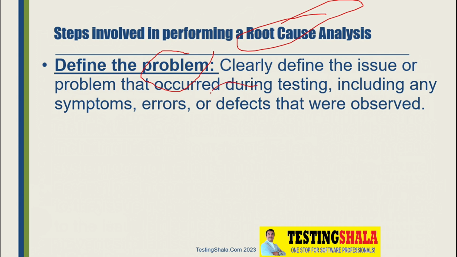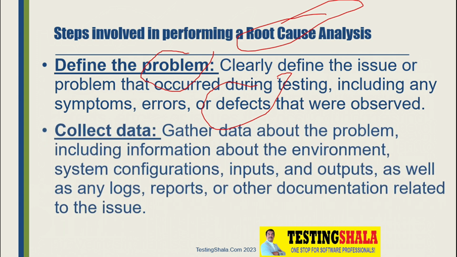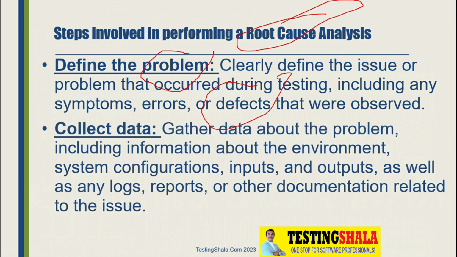Let's say we want to find out why the defects are coming in a particular area, as I said earlier with so many examples. We have to define that as a problem. Now we say issues are coming more in a particular functionality or a particular feature, that is the problem here.